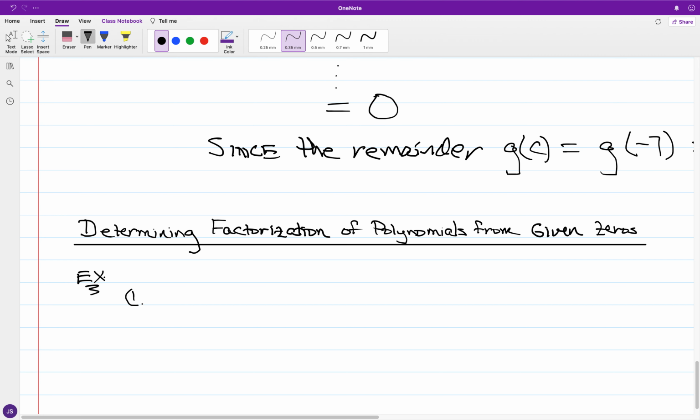Let's say, for instance, if you're looking at factoring, we'll say that we have here f of x is equal to 2x squared minus 6x plus 4, given that 1 is a 0.